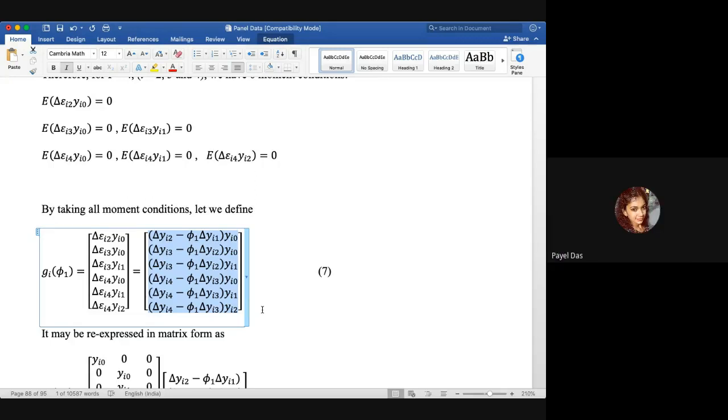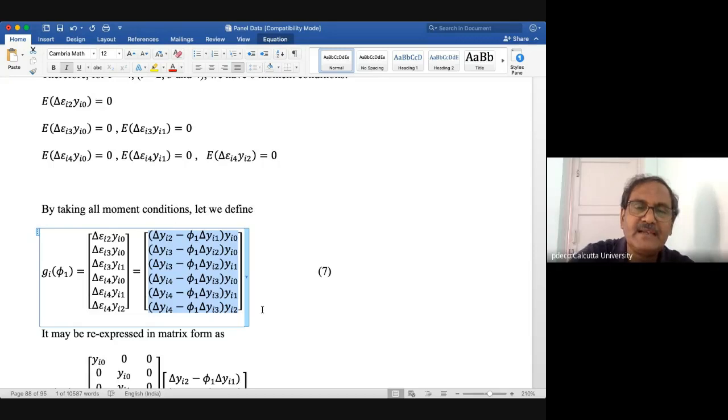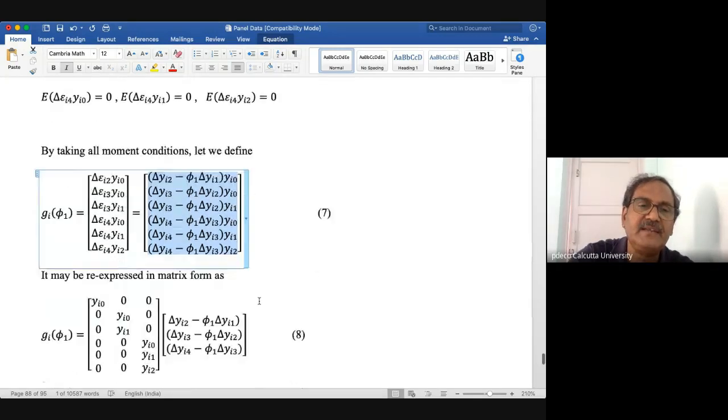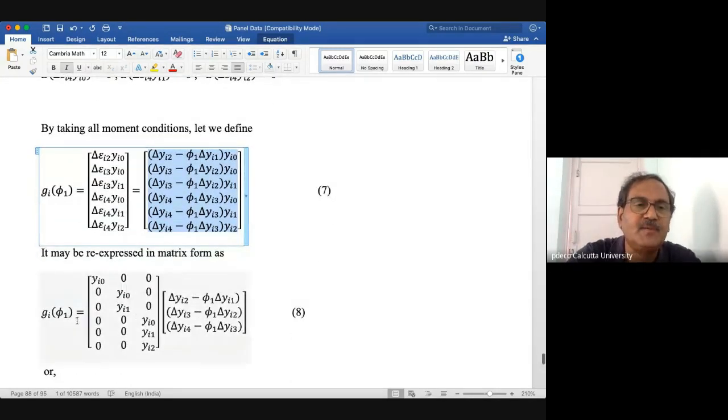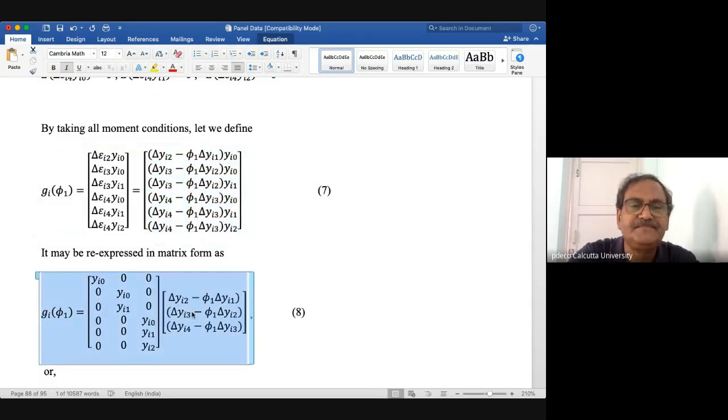Now you can rewrite this same equation in matrix form. You have written it in a vector format. You can write the same relation in matrix form in this way. There are 3 columns.